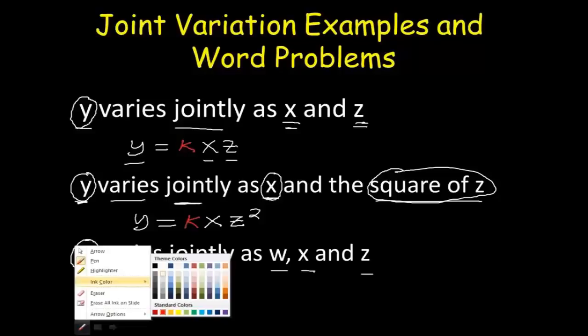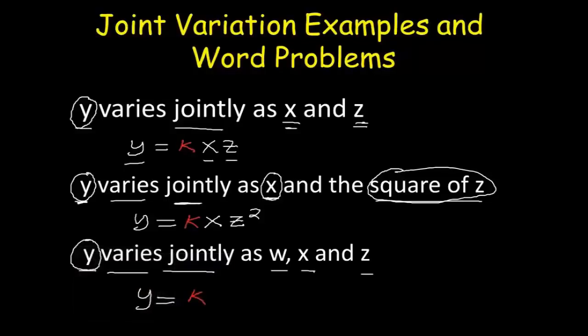So k will be multiplied by the variables that vary with y: we have w, so this will be k times w, and we also have x, so times x, and lastly we have z, so times z. So y varies jointly as w, x, and z is written as y is equal to k times w times x times z.